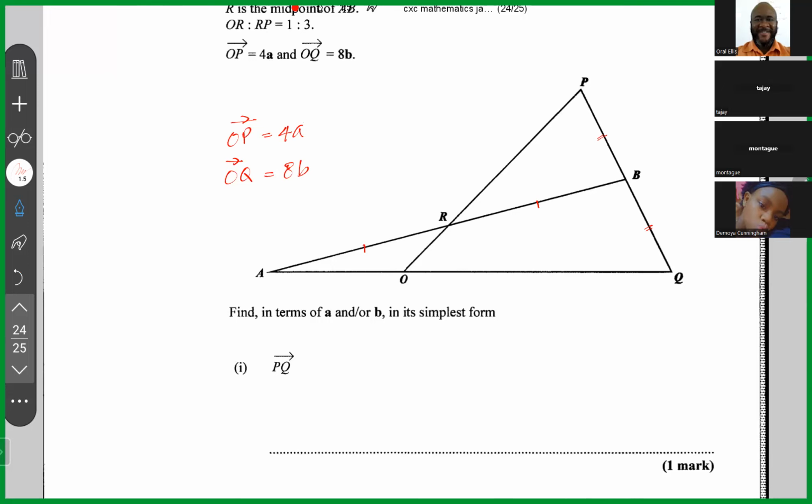We're to find, in terms of A and or B in its simplest form, the vector PQ.